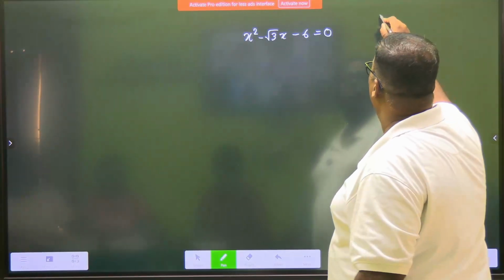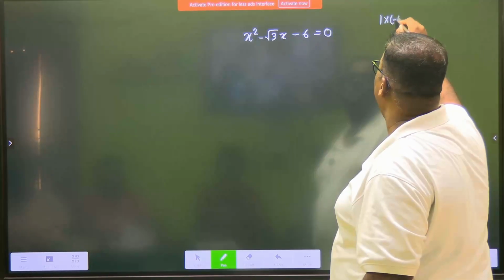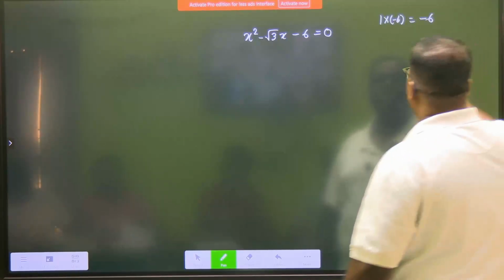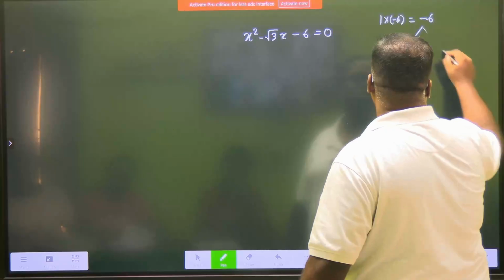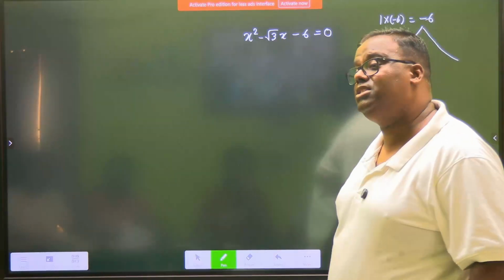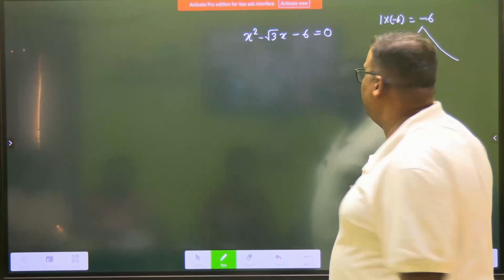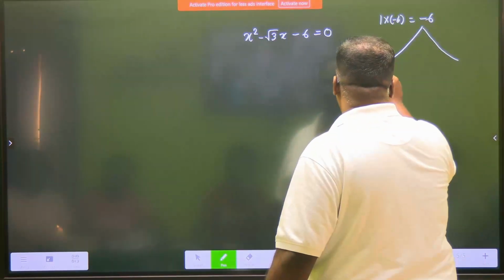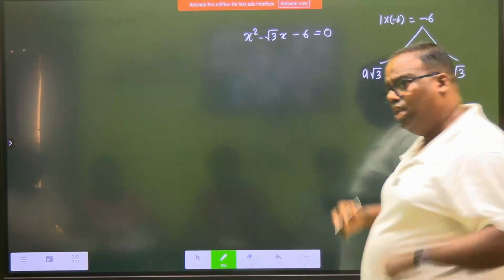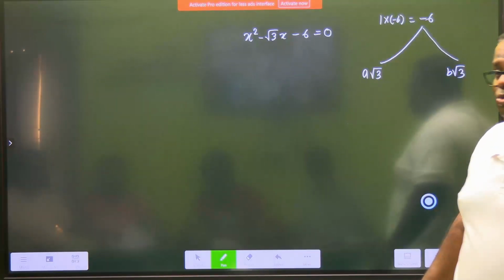That means 1 into negative 6 gives me how much? Negative 6. Negative 6 has to be split into two factors to give rise to a minus root 3. That means the factors can be some A root 3 and B root 3. Then only root 3 will be born. Otherwise, root 3 won't be born.